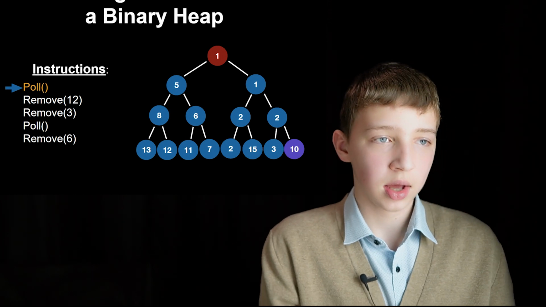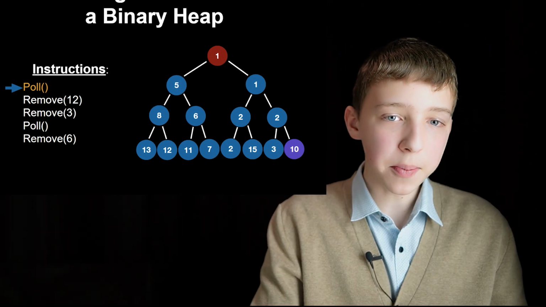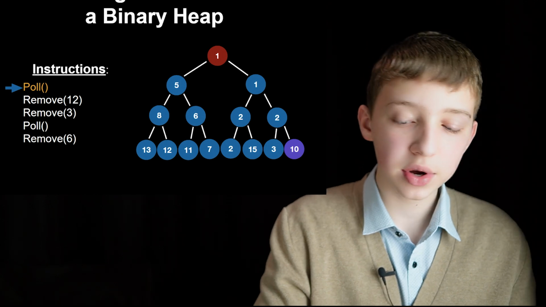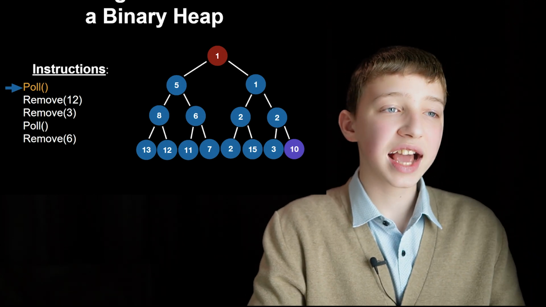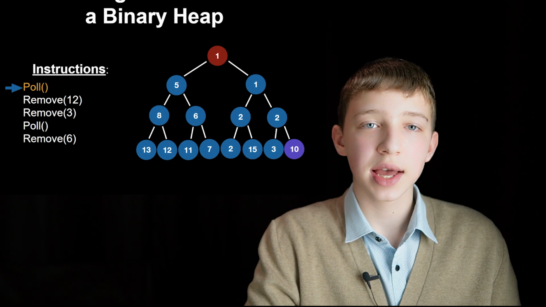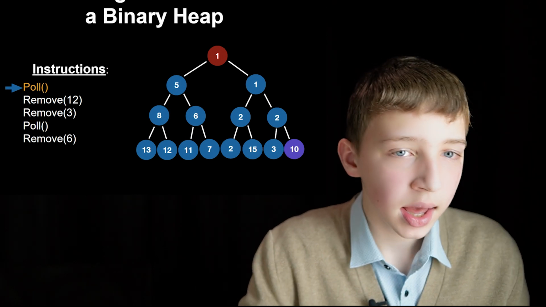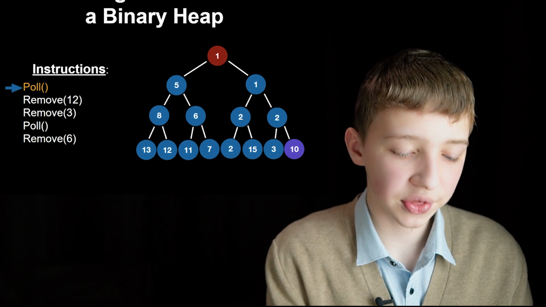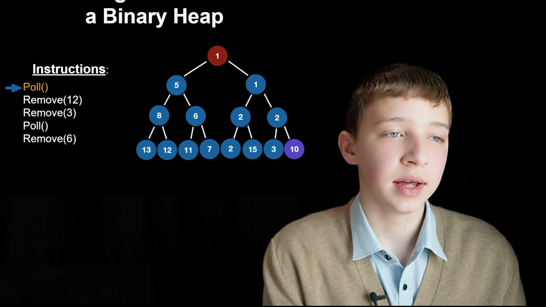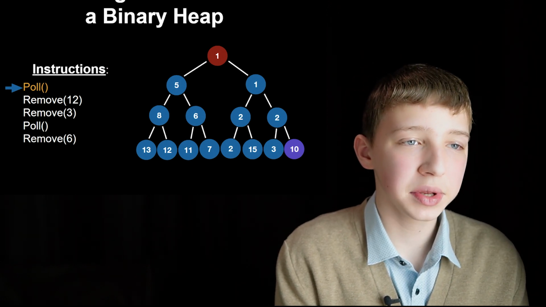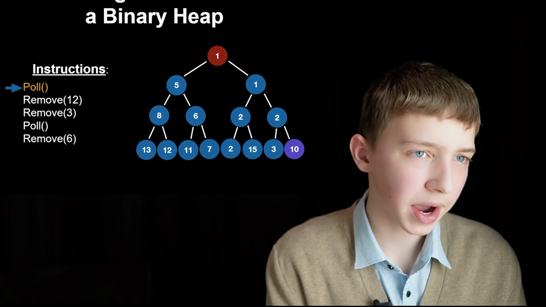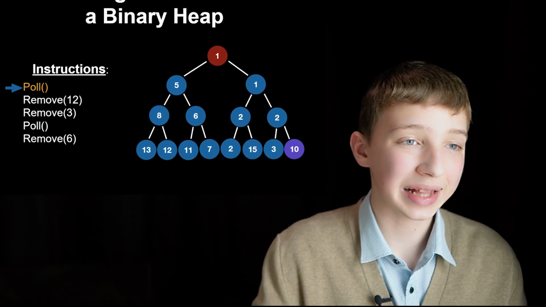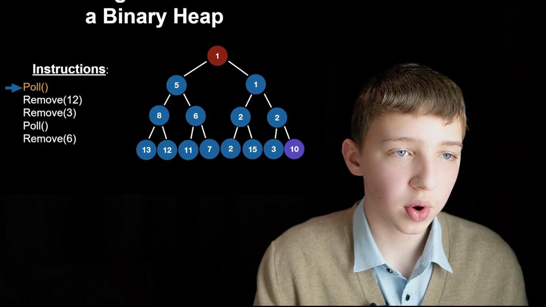In the array implementation, for example in Python, that is the element with the index of -1. That is the rightmost element in the binary heap, and the last element in the array. So that is in purple.